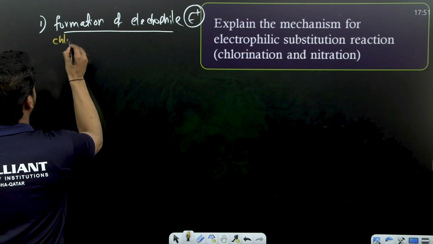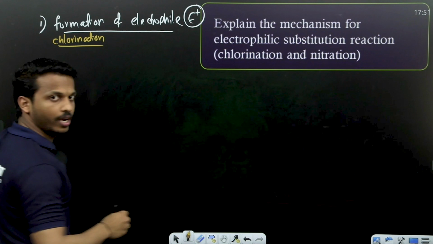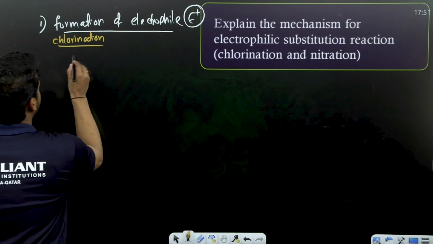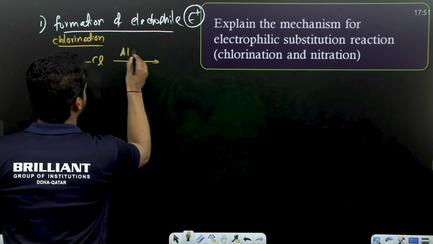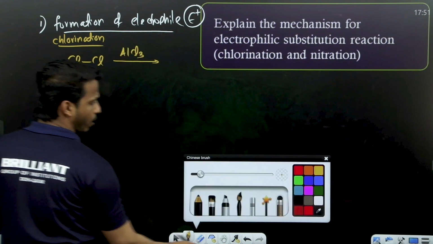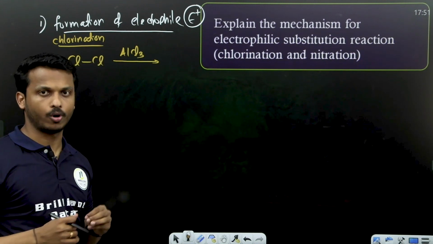If it is chlorination, what is the reagent we are adding? Cl2, right? Let me write Cl2 with anhydrous AlCl3. Keep in mind all of you, AlCl3 is an electron deficient compound, a Lewis acid.